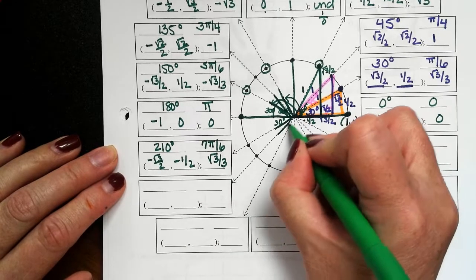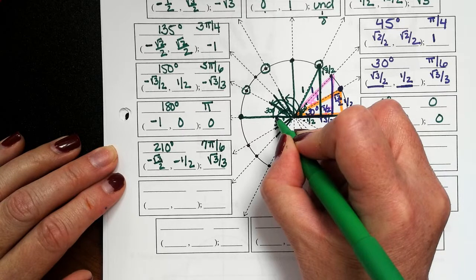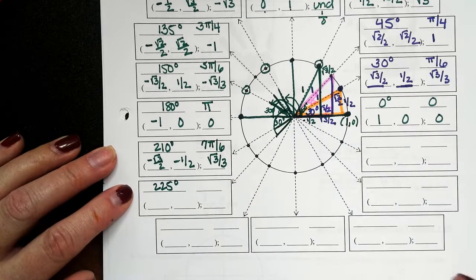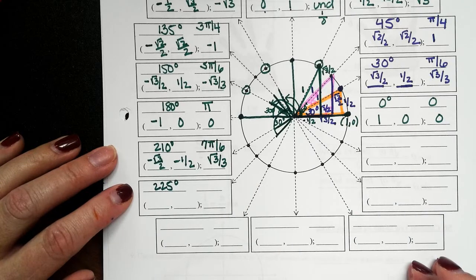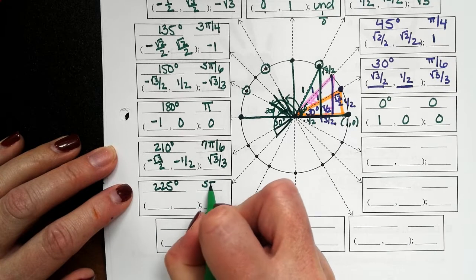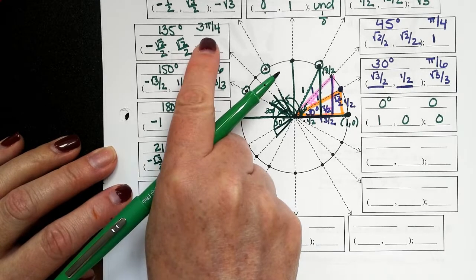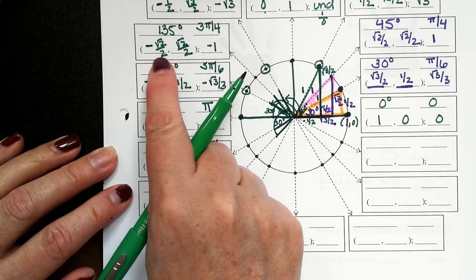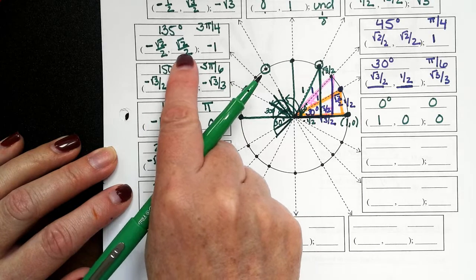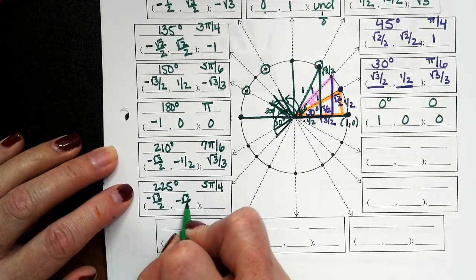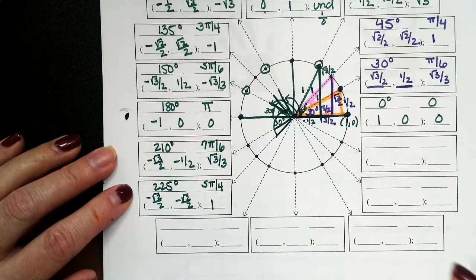Again, with a 45-degree reference angle, 180 plus 45 gives me 225 degrees. And in radians, this is going to be 5 pi over 4. Again, remember, at your 45-degree reference angle, because you're in quadrant 3, both the x and the y coordinate are negative. The tangent, again, would have to be positive.